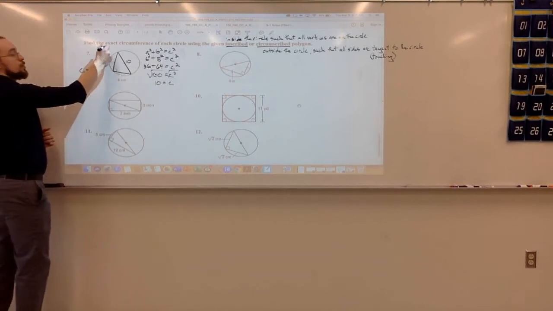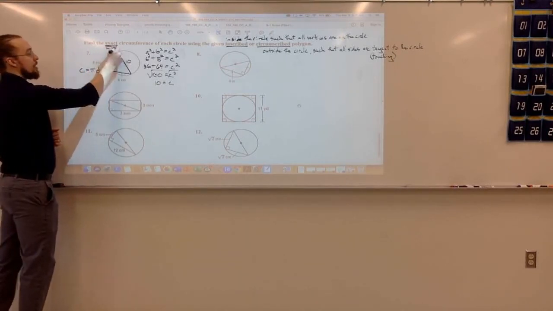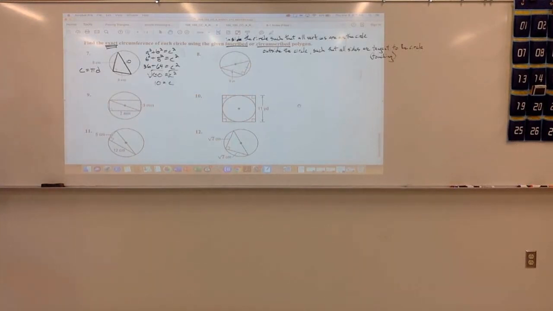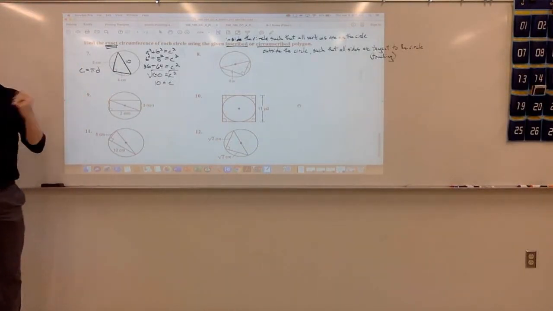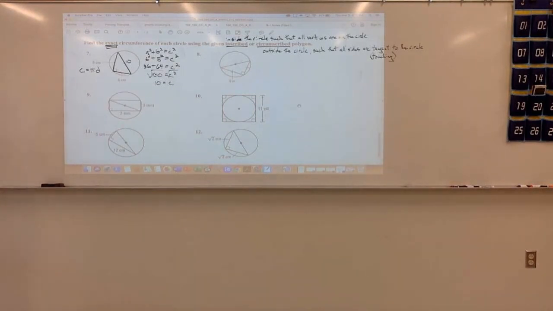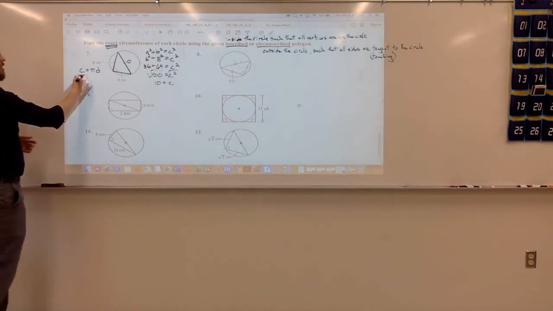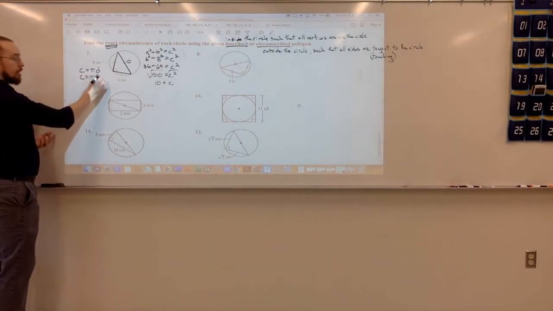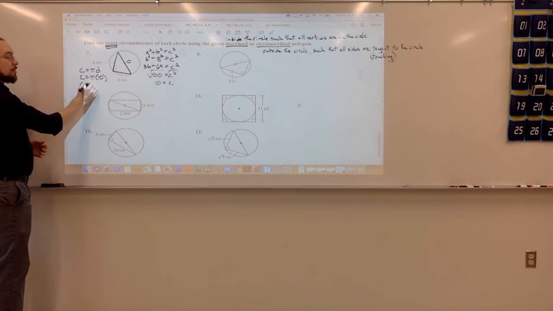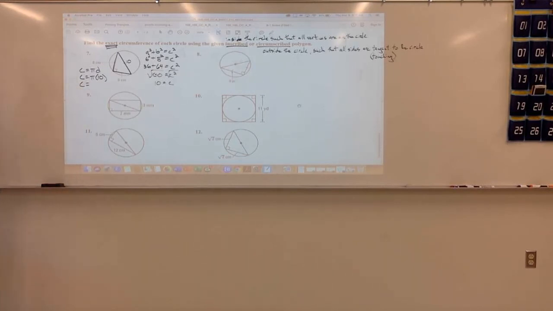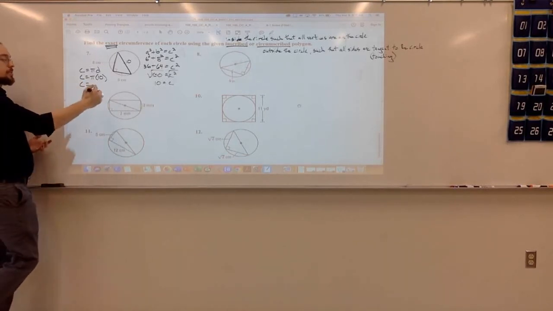Now, the directions say, give me the exact value. If we type in 10 times pi in the calculator, it's going to give me a decimal approximation. Whenever the directions say, find the exact value, we can leave our final answer in terms of pi. So I can say that this is just pi times 10, but the conventional way to write that would be to write the pi second.